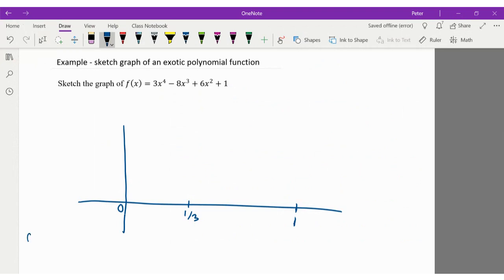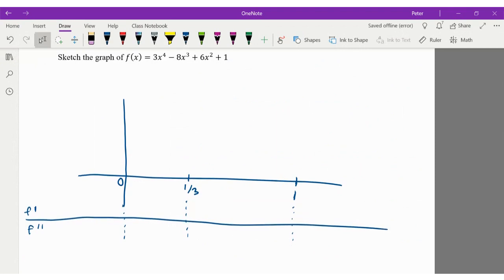What I want to do, with f prime, f double prime, is simply mark off all the transition points. I don't want to keep flipping back and forth between pages, so I'm just going to keep in mind what we found.